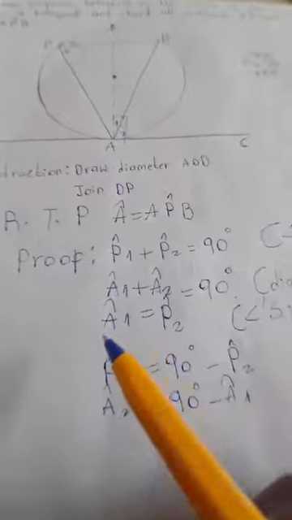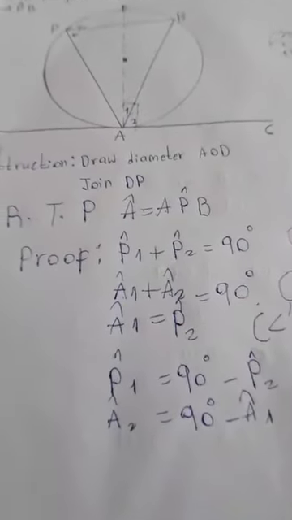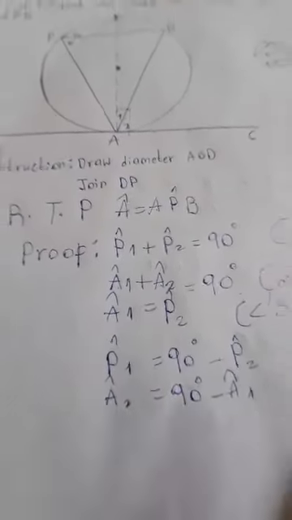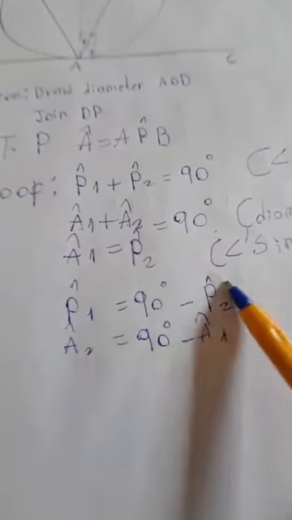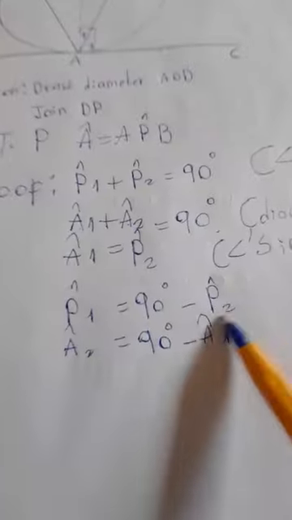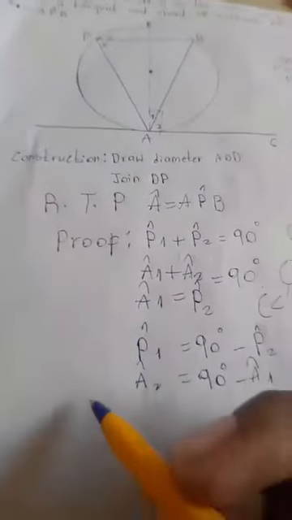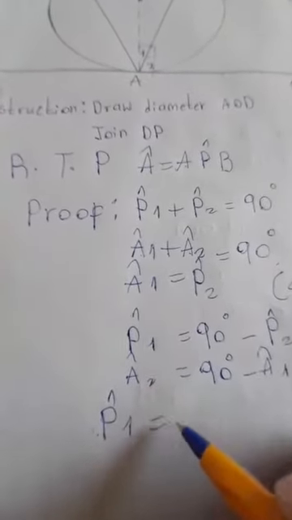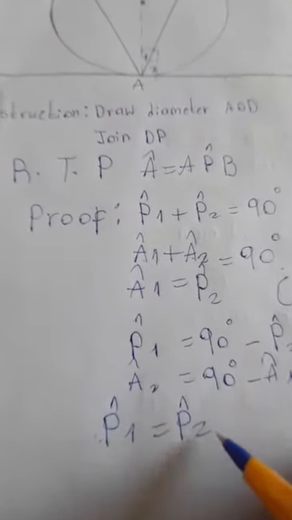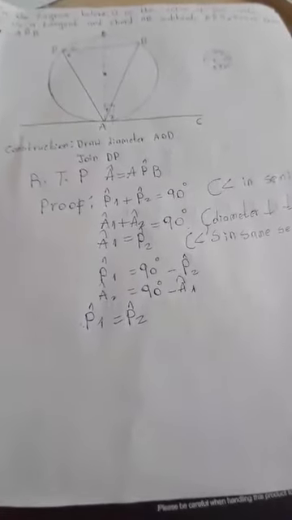I just made A2 and P1 the subjects of these formulas. If A1 is equal to P2, if they are the same, then obviously P1 is equal to A2. This is just the rule of thumb, and I think we have proved this theorem.